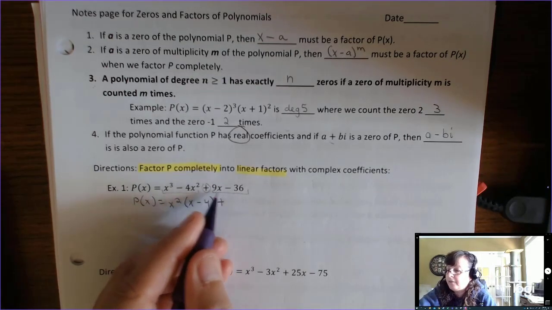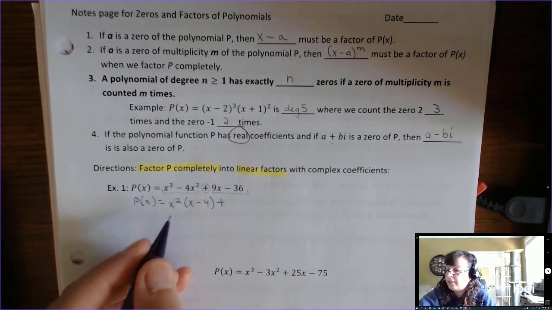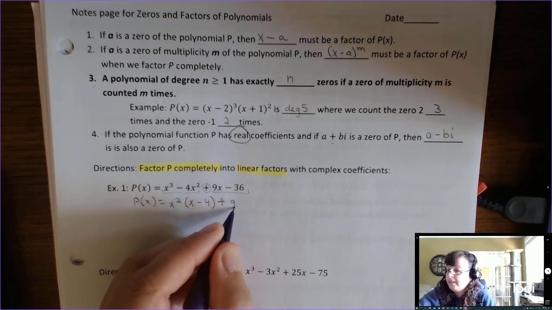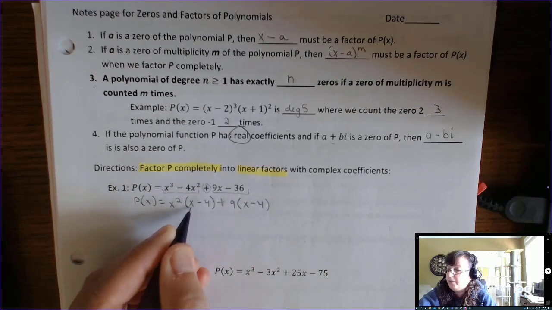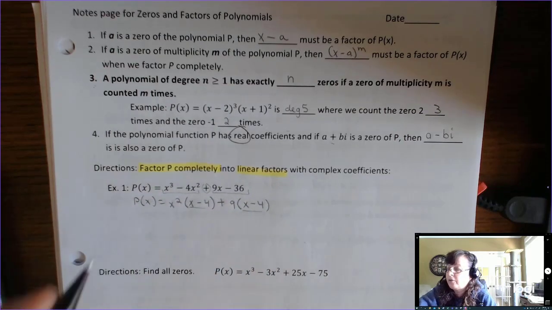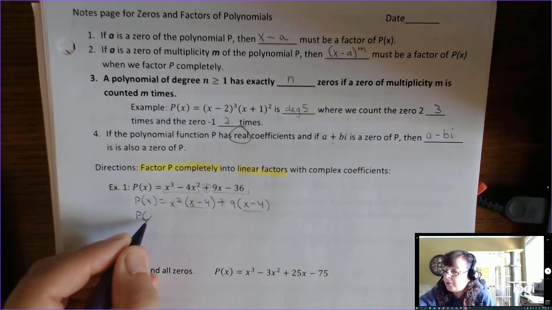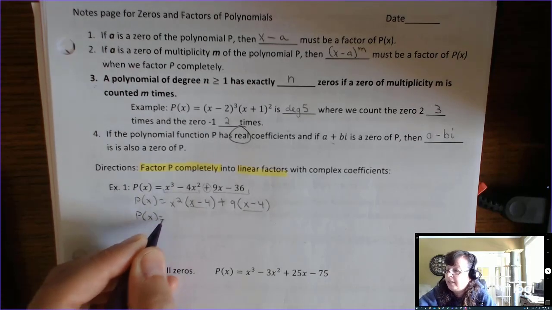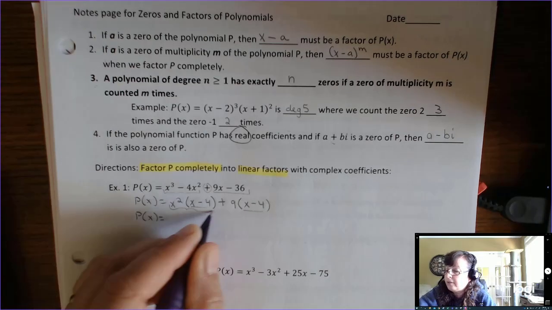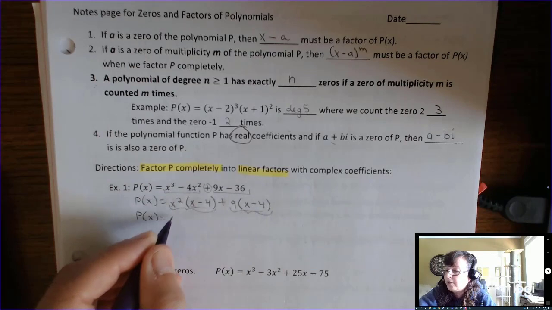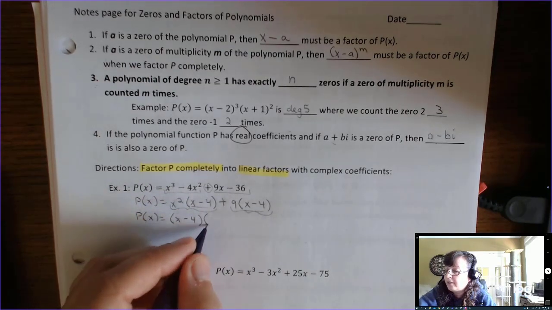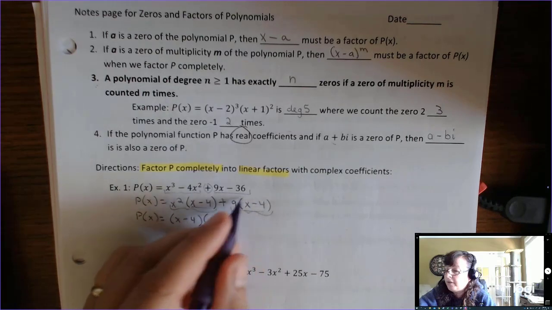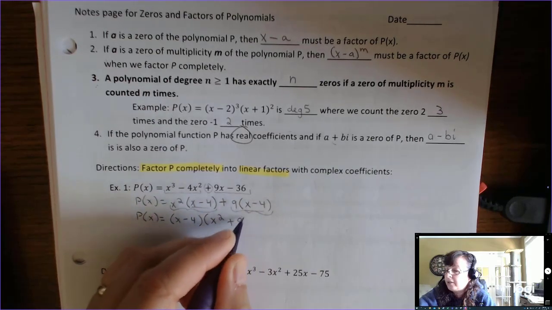And the GCF of 9x and minus 36 is 9, and that leaves you with x minus 4, and we know we're in good shape because both of those are the same. So then step 2 would be to pull out the GCF of these 2, and they have an x minus 4 in common. So if you divide out the x minus 4, you're left with x squared. If you divide out the x minus 4, you're left with 9.